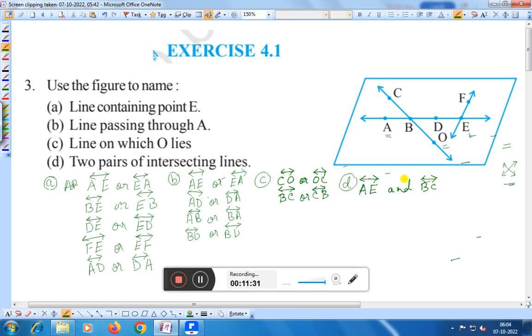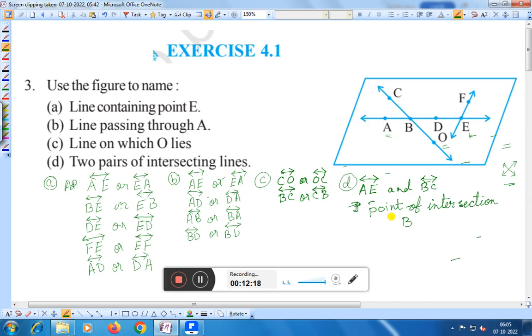And what is the point of intersection? Point of intersection is B. We write here also point of intersection. Point of intersection is B, right?